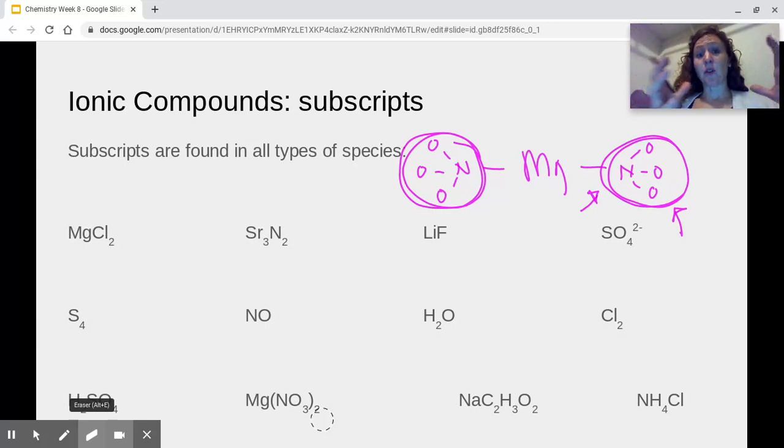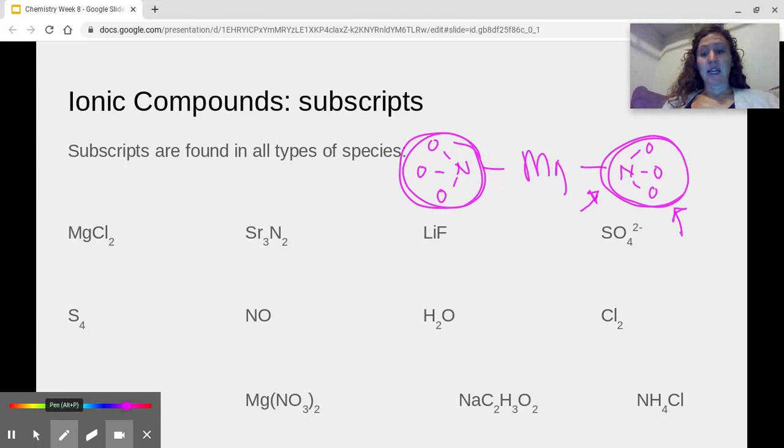You have to know the ions and their names well enough so that you don't always have to hold on to your ion sheet. And this becomes really apparent when we start looking at compounds. Look across this board that we have up here. Can you recognize polyatomic ions that are inside of these compounds? In order to name them, you have to do exactly that.